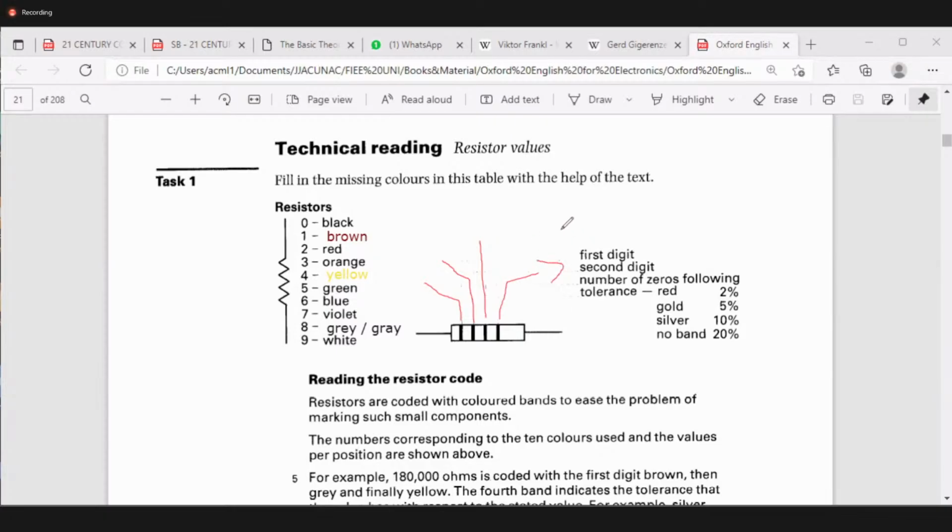So the first band is a value, a number. The second band is another value, value 1, value 2, for example. The third one is a multiplier. The multiplier means the number of zeros.